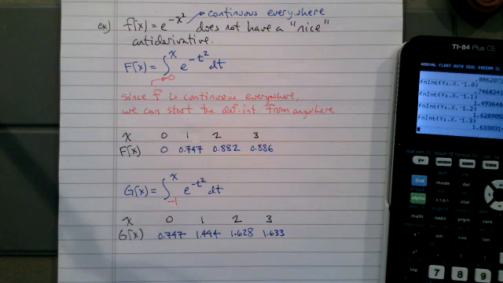So even though I don't have a nice simple formula for the antiderivative of e to the minus t squared, I can still come up with values at any point we're concerned with.